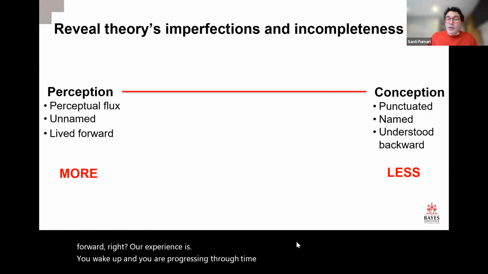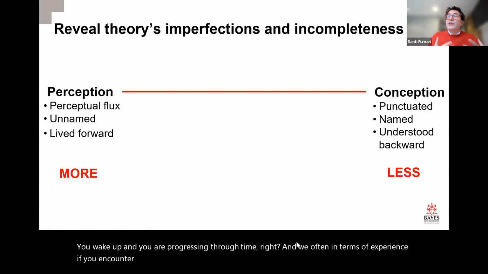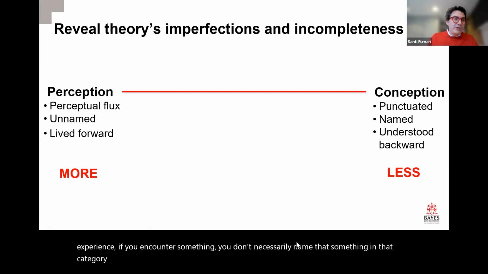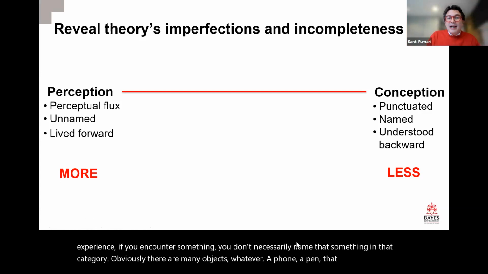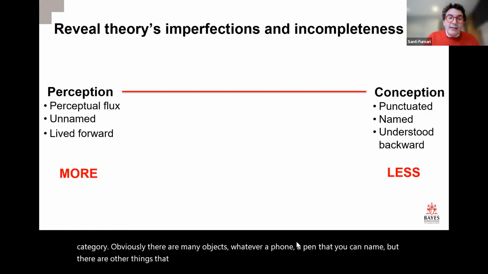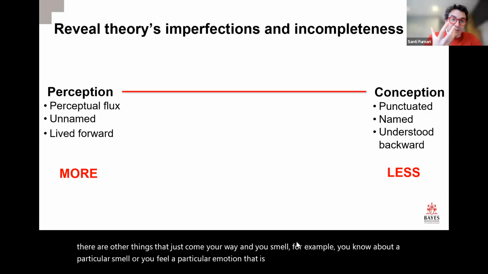Often, when you encounter something, you don't necessarily name it in a category. There are objects like a phone or a pen that you can name, but other things just come your way: you smell a particular smell, or you feel a particular emotion. That is perception, that is experience.